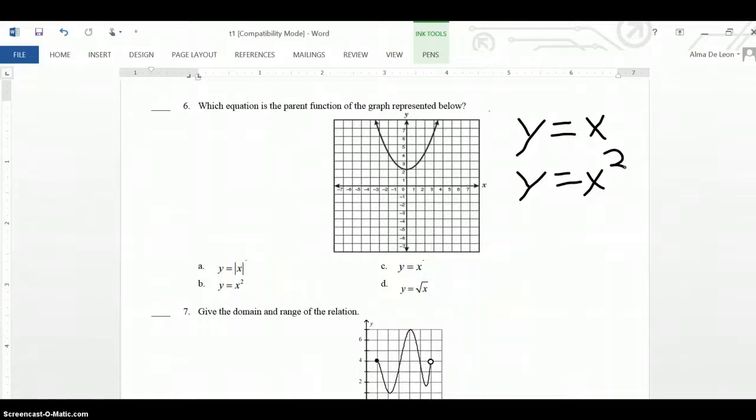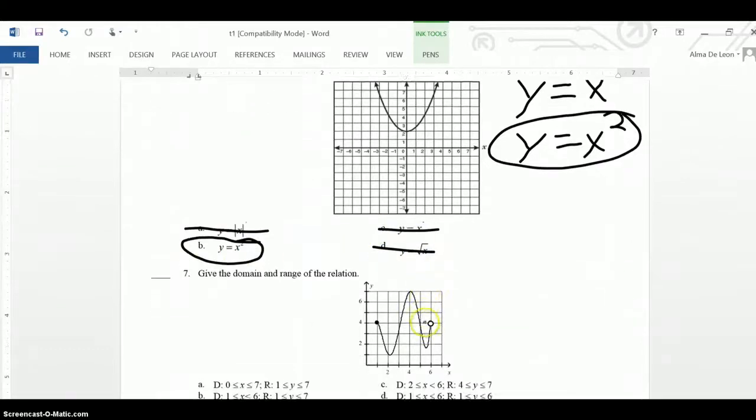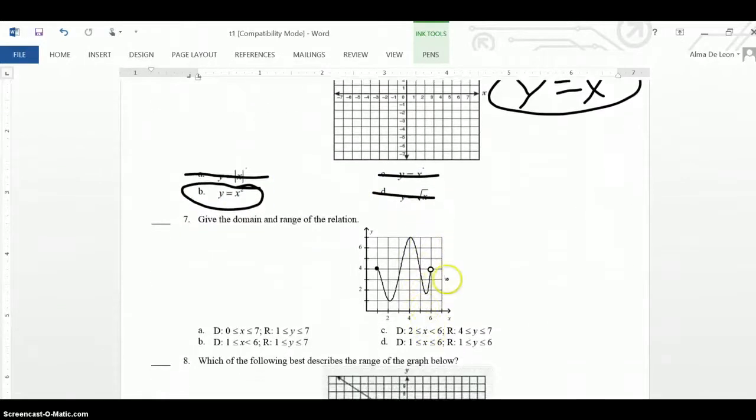And in this case, since this is not in the shape of a line, it's in the shape of a U, we're looking at y equals x squared. So our answer has to be B. A and D are definitely not it, because those are not parent functions, or at least they're not parent functions that we're looking at.